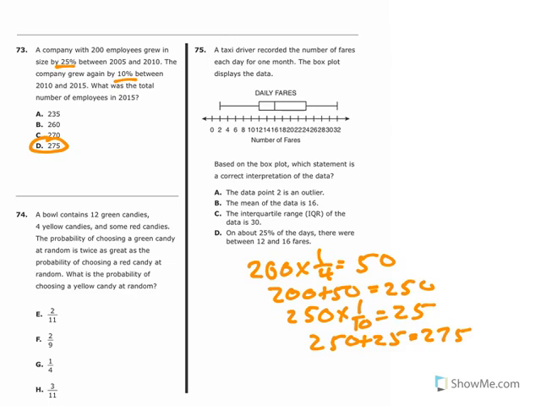If you want to be more savvy about it, you always think about what you retain. So in other words, if I grow by 25%, I'm going to end up with 125% of what I had before, and that's 5/4. So I'm multiplying this by 5/4. And now I'm going to add 10%. So I'm going to end up with 110% of what I had after that first increase, and that simplified fraction is 11/10.